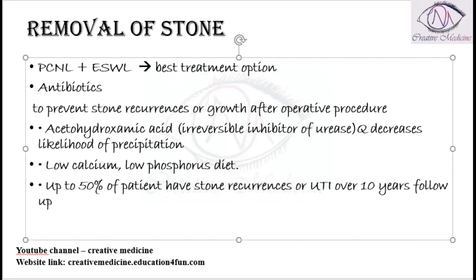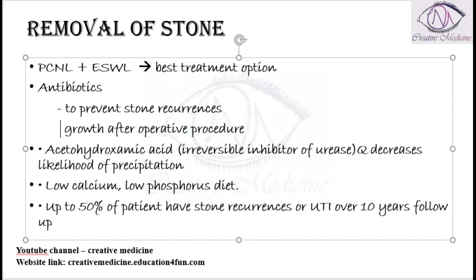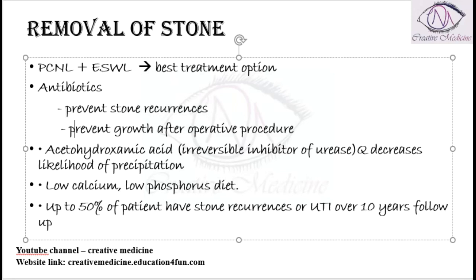These antibiotics will also prevent the growth of the stone after the operative procedure. So to prevent stone recurrences and to prevent the growth of stone after operative procedures, we give these antibiotics.